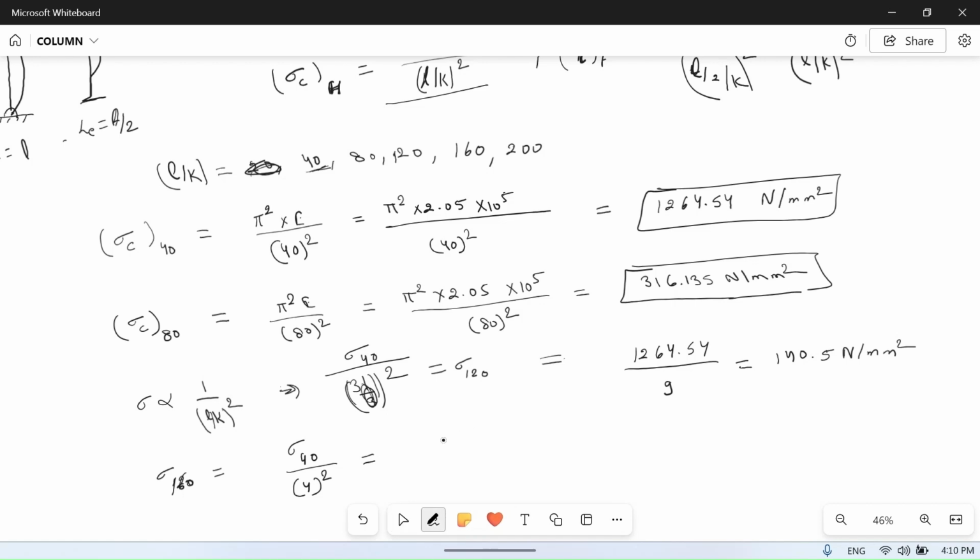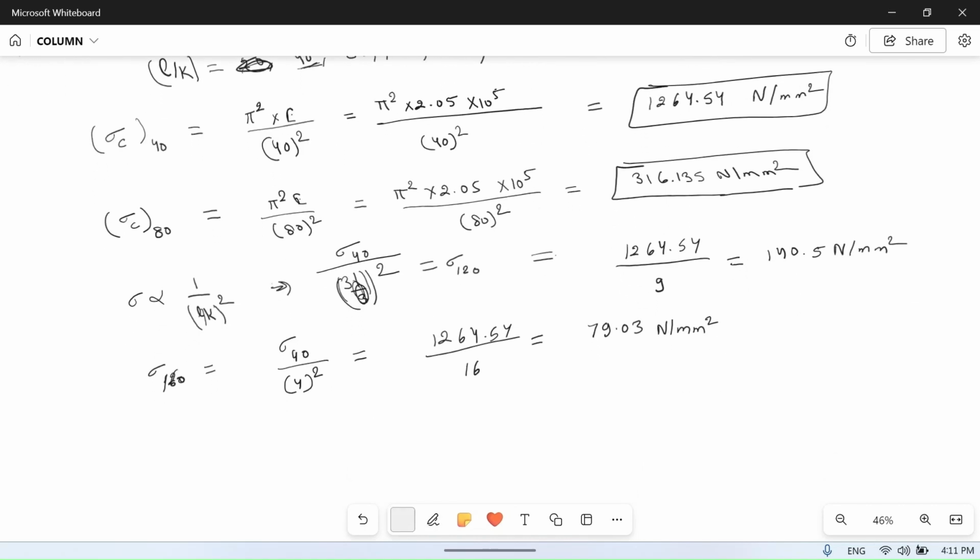So it will become 1264.54 divided by 16. So from here you will get 79.03 Newton per mm square.